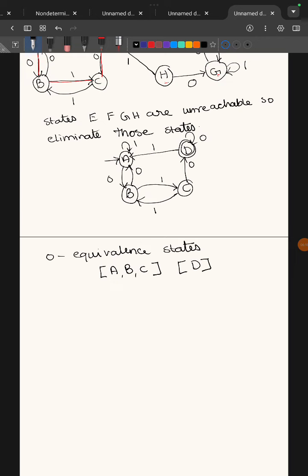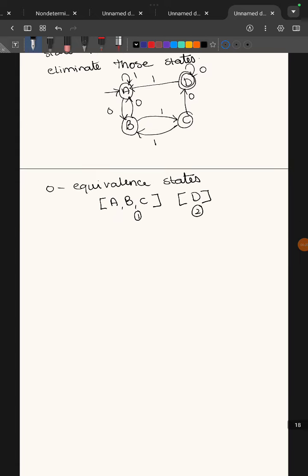We will name these group 1 and group 2. Now for the symbols 0 and 1, we will check where each of these states is going to.